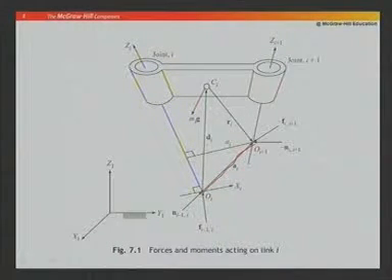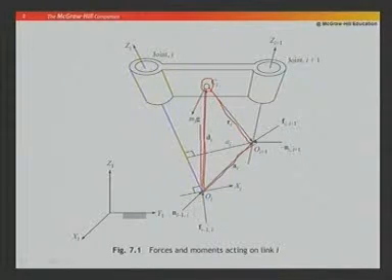If the mass center is located here, from the origin of the ith frame to this is our di, then from here to the next one is ri, which means di plus ri is equal to ai. Now, I will be defining this formally in the next slide.